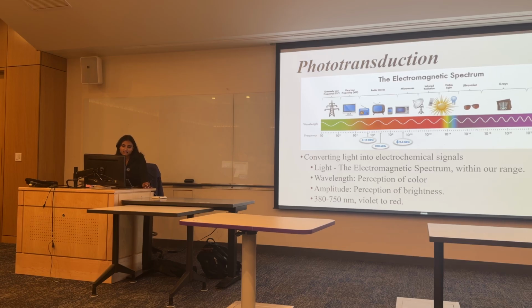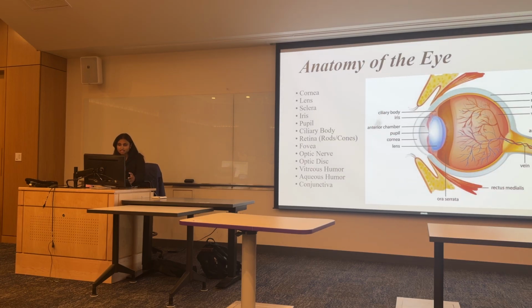Okay. So now we're going to move on to the anatomy of the eye. So I'll just quickly run through the main parts of the eye. So first you have something called the cornea, which is kind of that transparent layer at the front of your eye, and that's what lets light into the eye. And the cornea is kind of like this flexible lens that will actually refract the light rays to make sure that the direct light hits the retina, which is near the back of the eye.